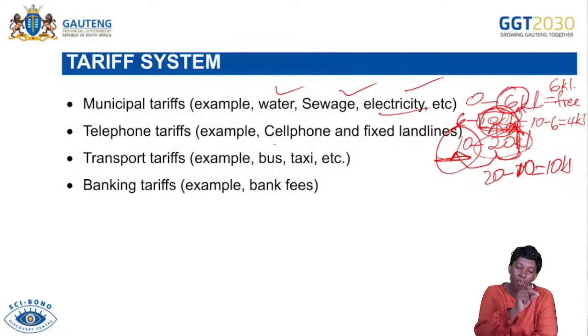So if I was supposed to pay 65, they will add 2 rand and then it will become 67. So the more I add, the higher the amount I will pay. It is a sliding scale. If I'm okay with what I'm having, I will pay only that amount. But if I use more, they will charge me more.